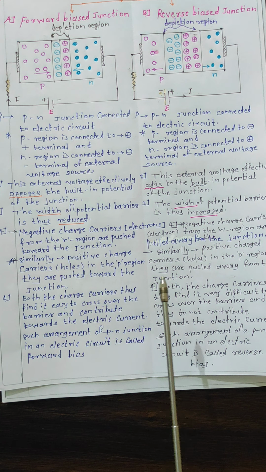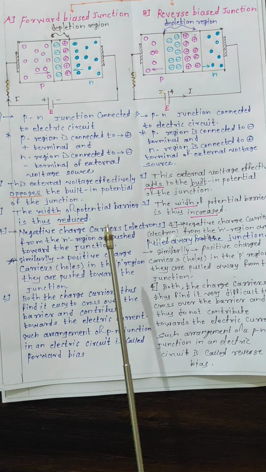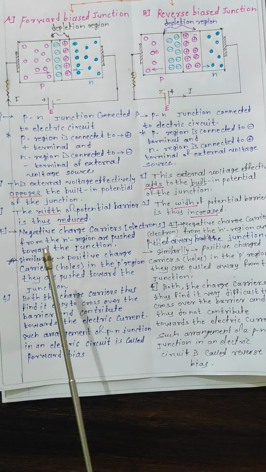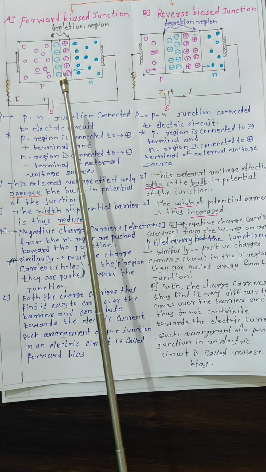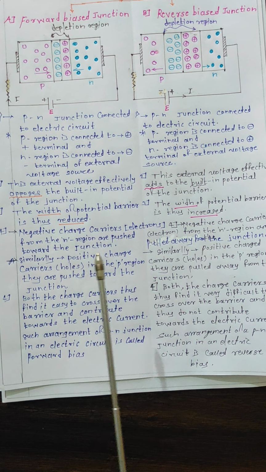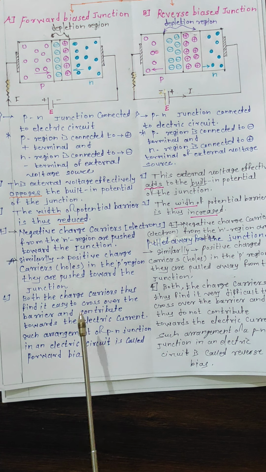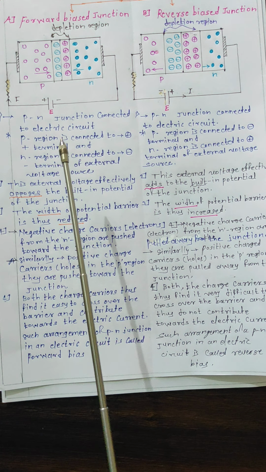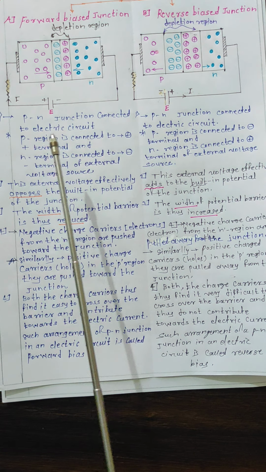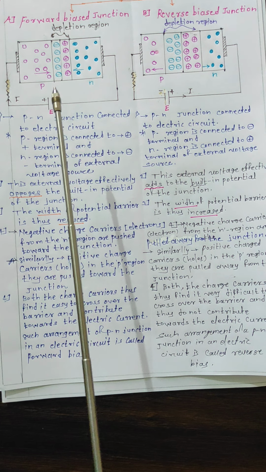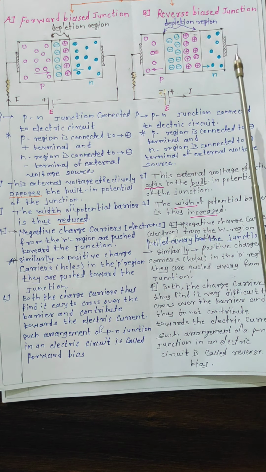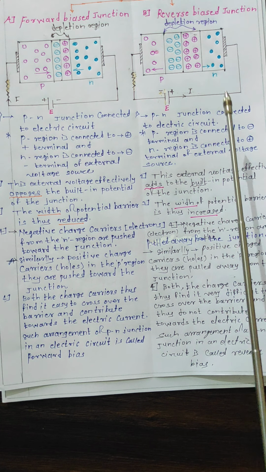That means both charges, electrons and holes, easily cross over this region, and therefore an electric current flows in that region. So this arrangement is also called a forward bias junction. And then next is the reverse bias junction.